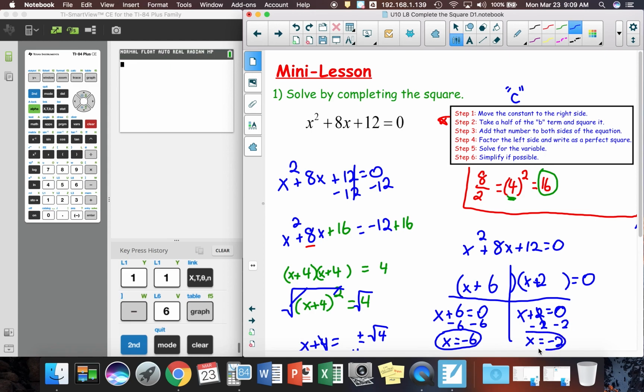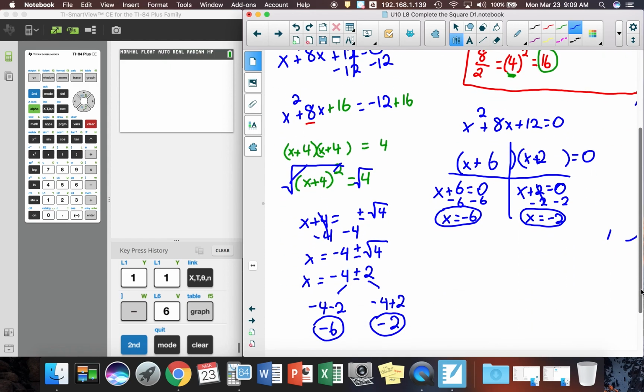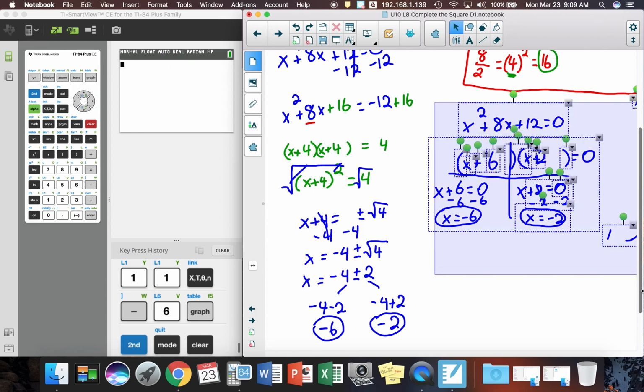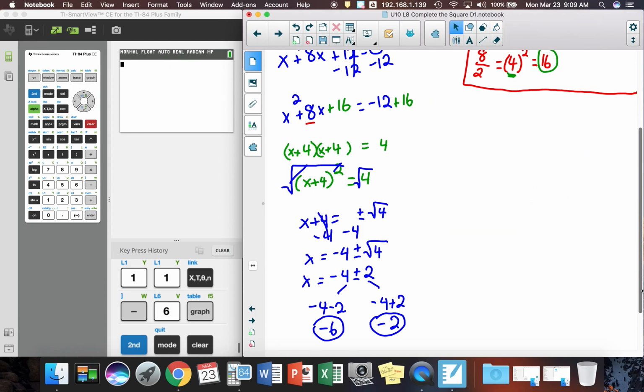As you can see, we got the exact same answers as before. Same exact answers, but we need to make sure that if they ask us to use completing the square, we use this method here. I just did this to check to make sure that it works, and it does work. But since this is not what they asked, goodbye.